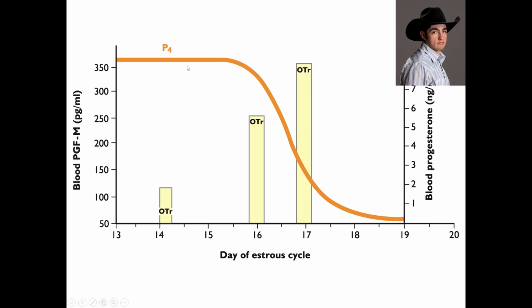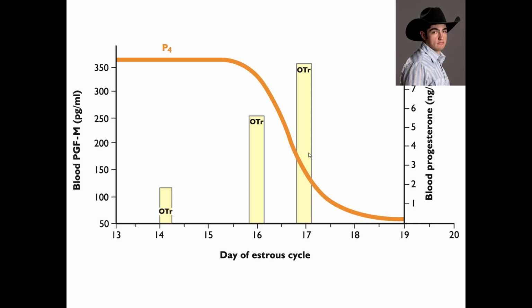So when progesterone is high, we have a few oxytocin receptors in place. However, as soon as progesterone starts to decrease, the amount of oxytocin receptors that we see in the uterus automatically increases. And then while progesterone is low, we see even more increase of oxytocin receptors.